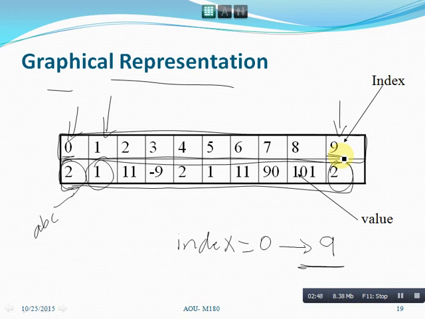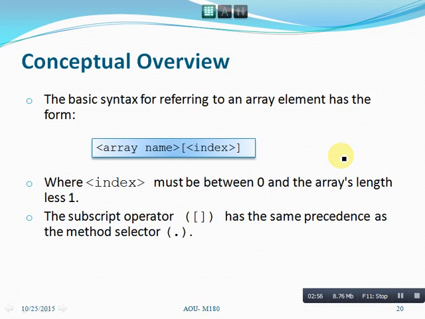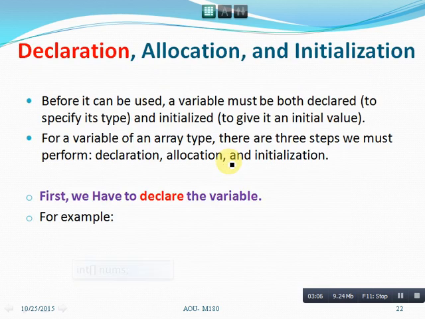Now, how can we declare the array in Java? In Java, you can declare the array by giving the name of the array and its size. To start with, first we need to declare the array, telling what the type of the array is, then writing the array variable along with the square brackets. This is a declaration of the array.